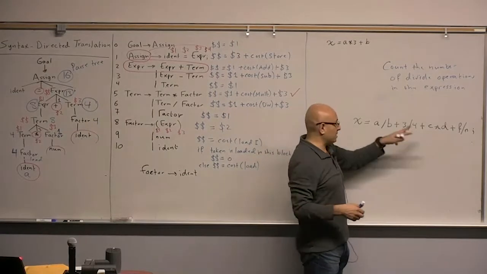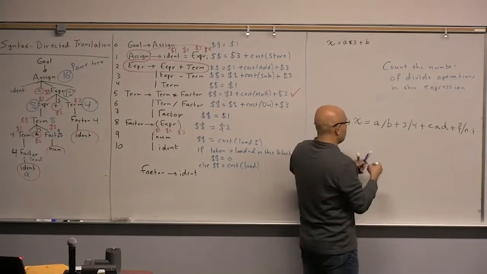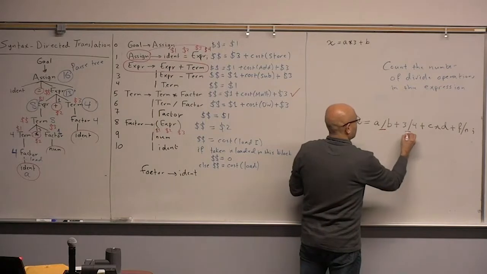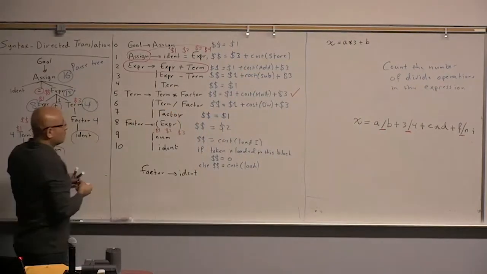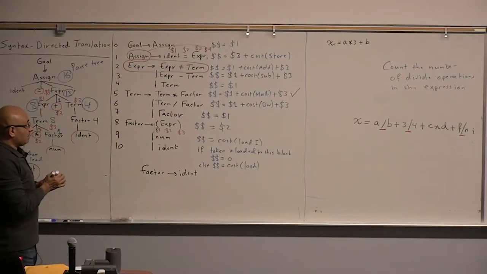So if we have an expression like this, we have 3 divides in this. Now, how do you modify these actions to count the number of divides in an expression?